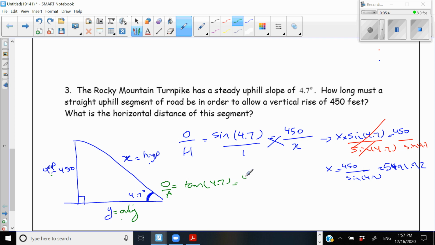The opposite side is 450 and the adjacent is y. That's what we are looking for. Again, the same story. To solve it, just cross multiply and then it will be y times tangent of 4.7 equals 450, and y will be 450 divided by tangent of 4.7. I'm going to leave finding the answer for you.